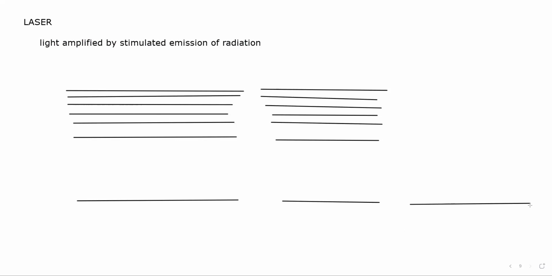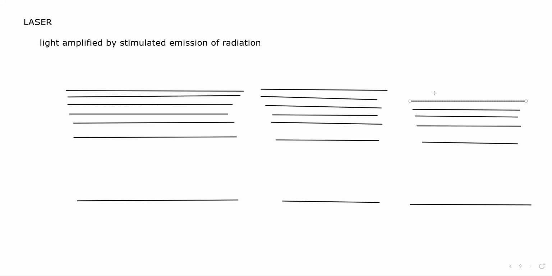Then this is another atom. Now, atom 1, atom 2, atom 3. In laser, you use a cell, so that cell will provide energy which will excite the electron.